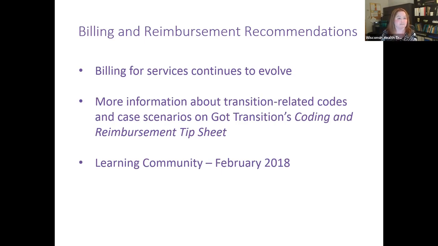There's still some things that need to be figured out, but we had the added benefit and support from Peggy McManus and Patience White, with a presentation that they did at the beginning part of the year, February of 2018, where they actually ran through some of the case scenarios on Got Transition, as well as some coding and reimbursement tip sheets that they have available on their website. They highlighted those in our learning community in February. So that's available in the archive, and we would encourage you to watch that presentation.